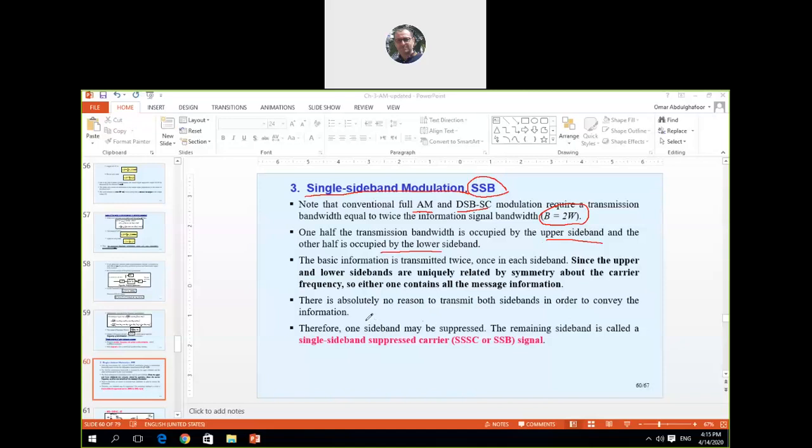So one sideband can be suppressed, and the remaining sideband is called single sideband suppressed carrier. Either we call it SSB or SSSC, single sideband suppressed carrier. All right, so in this technique, we are going to take only one side.